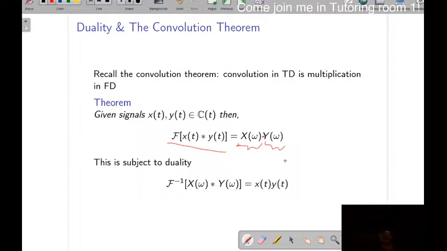We have something called duality, where if we have something in the time domain, we'll probably get something similar in the frequency domain, and vice versa. If we have something in the frequency domain, we can get something in the time domain. So this is that right here for the convolution theorem. If we take the inverse Fourier transform of a convolution, then we get the multiplication of signals in the time domain.